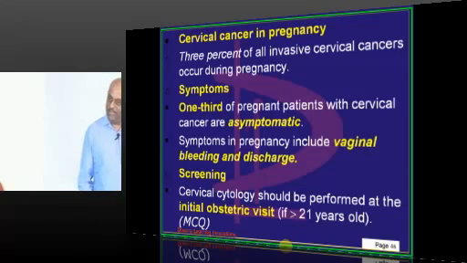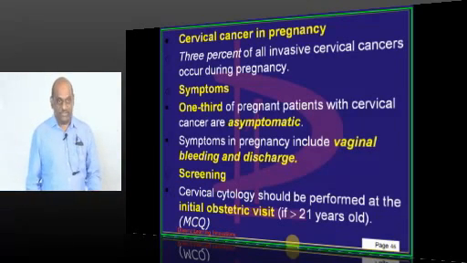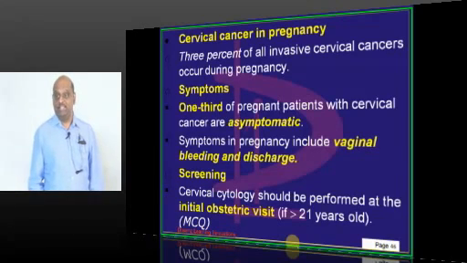Assume some 5 deliveries a day, 150 in a month, 1800 to 2000 in a year. 3% of 2000 means how many pregnancies with cervical cancer? Every 100, 3, every 1000, 30, every 2000 means 60 cases an average obstetrician comes across cervical cancer detected in a pregnant woman.